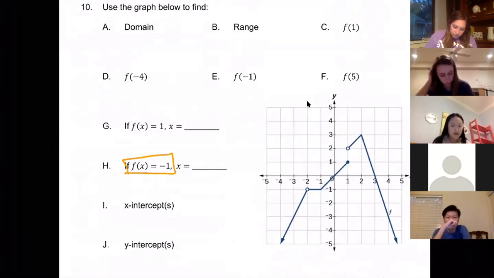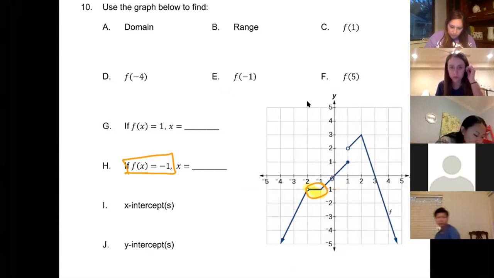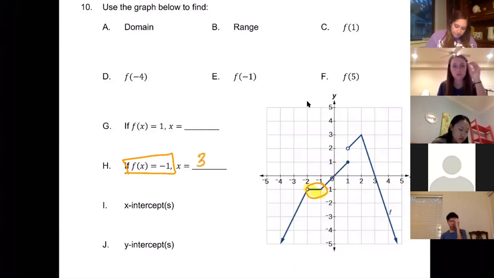I'm going to draw a horizontal line at -1 and include where it intersects at -1. I can't really tell what that is, like 3.2 or something like that. 3.4. I would accept something around that. Let's just say 3.3, which is the one that's right here.